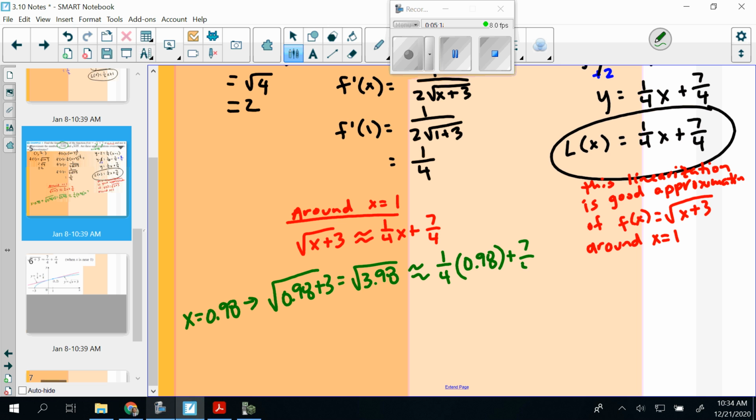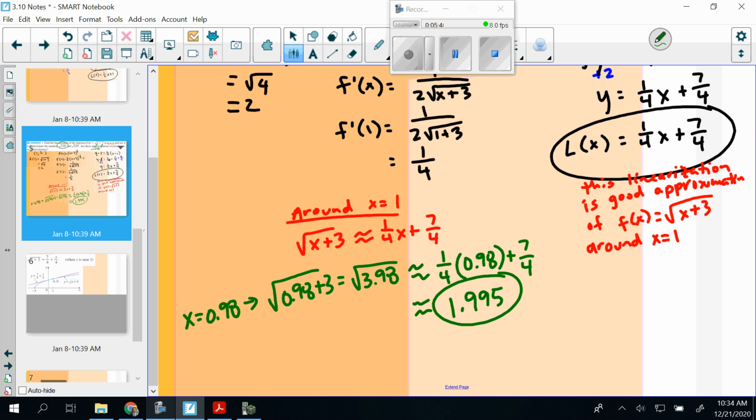So now let's use the calculator and see what we get. On your calculator, do 1/4 or 0.25 times 0.98, and then add on the 7/4. And this tells us this is approximately equal to 1.995.